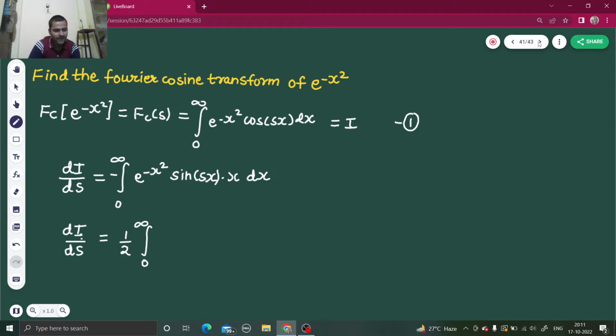So that minus sign and that 2 goes with x, and you also have e power minus x square, and you have sin sx and dx.